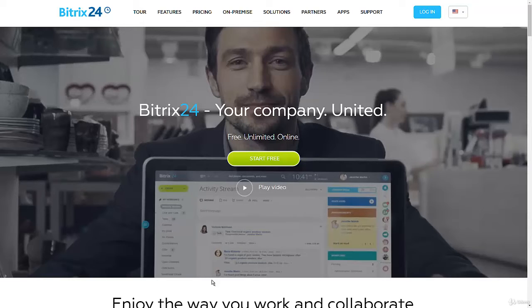Now this is offered as a software as a service platform so that you can actually access it from all over the world from different devices like mobile devices, laptops, PCs and all that. And CRM is all about customer relationship management. In this course, we are focusing mainly on the CRM and not on the intranet aspect of Bitrix24.